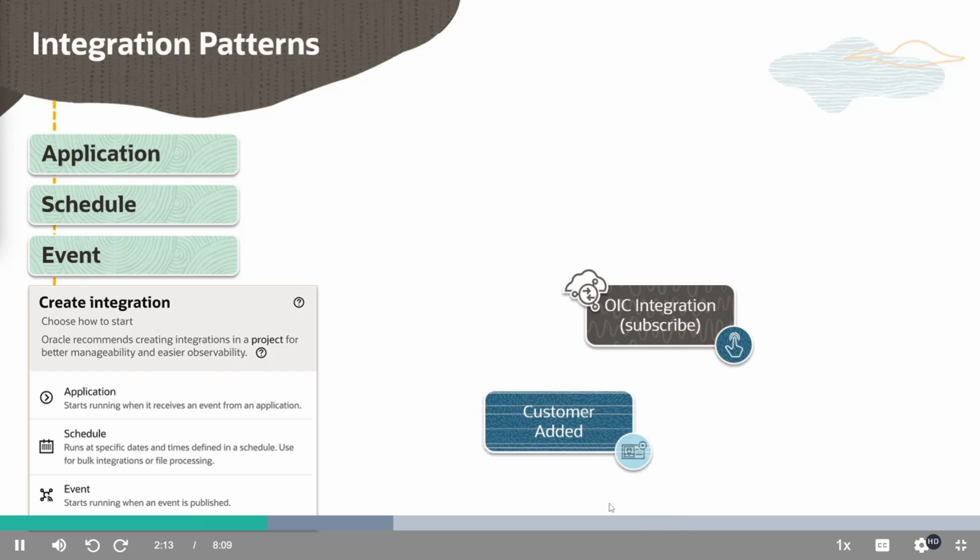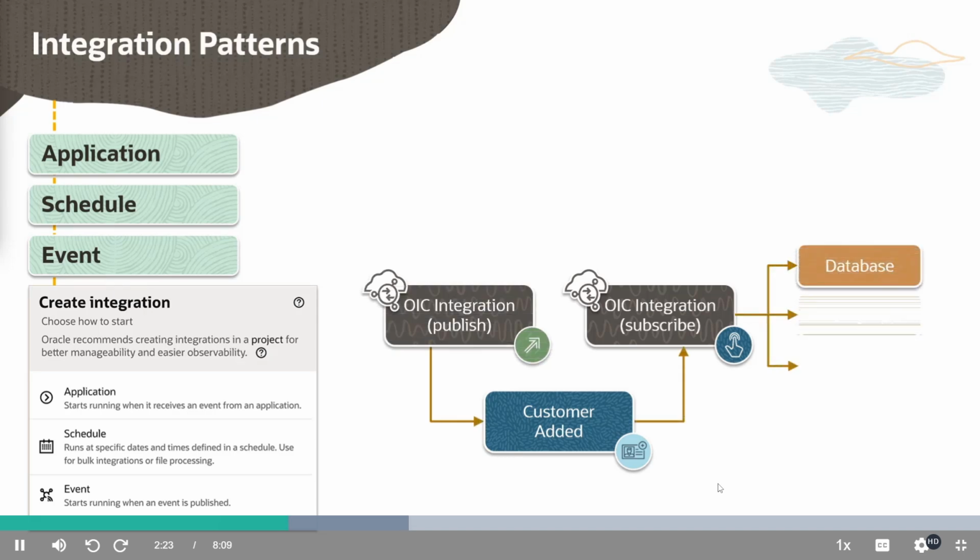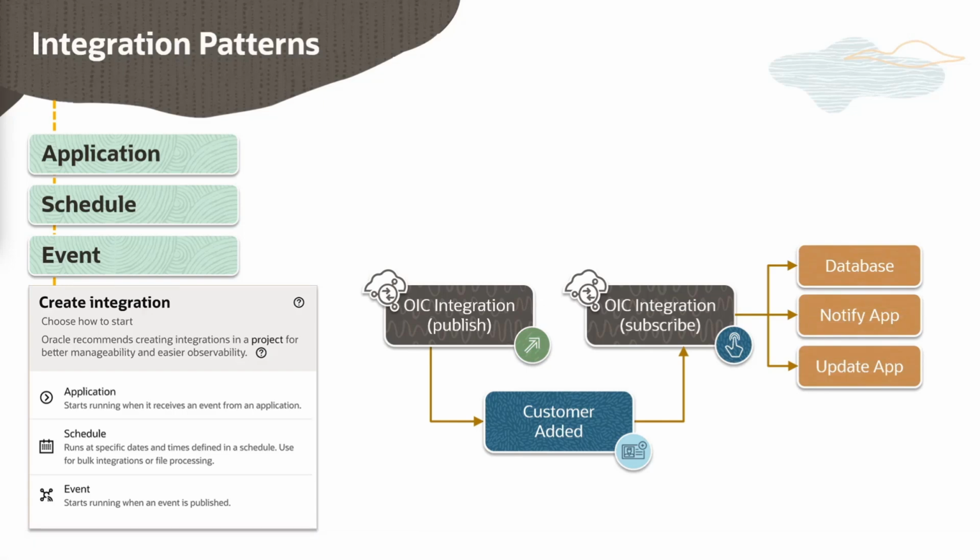For example, you could create an event pattern integration that subscribes to customer-added events published by other integrations. Once this event is received, the integration could be responsible for other tasks, such as database updates, notifications, or sending data to other downstream applications.